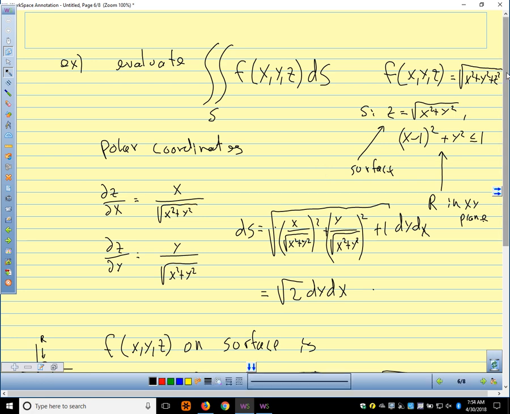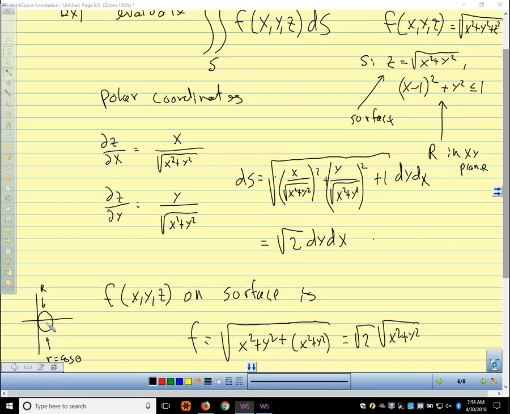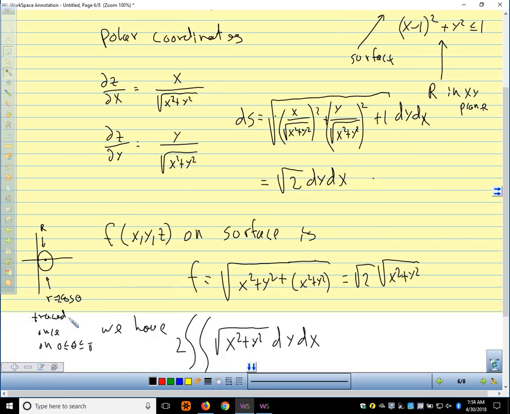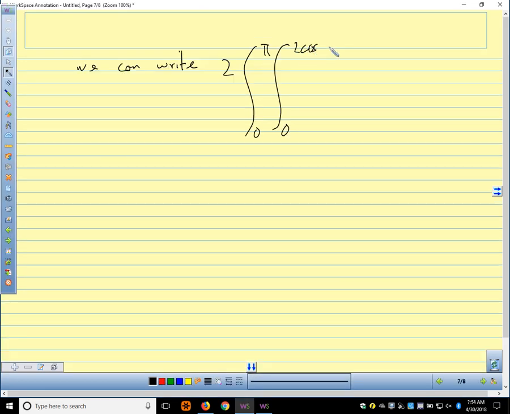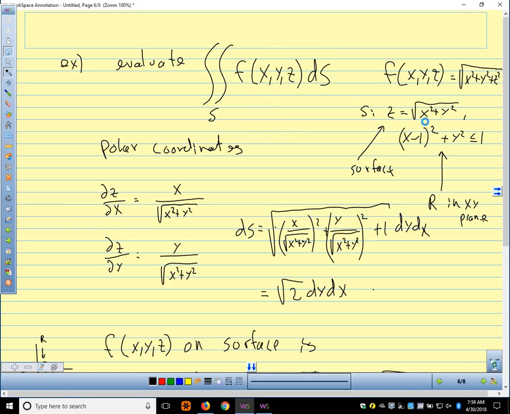So this would be a diameter of 2, right? Because we're shifted over 1 unit, so the diameter would be 2. So this would be 2 cosine theta. The number in front of the cosine is the diameter of the circle. And again, if you didn't recognize that, you can substitute r cosine theta here, r sine theta there, set it equal to 1, solve that equation, and simplify.